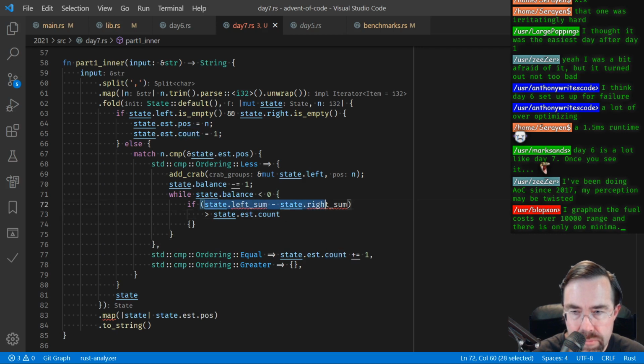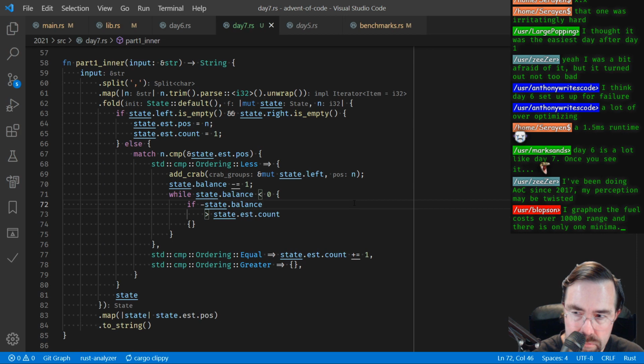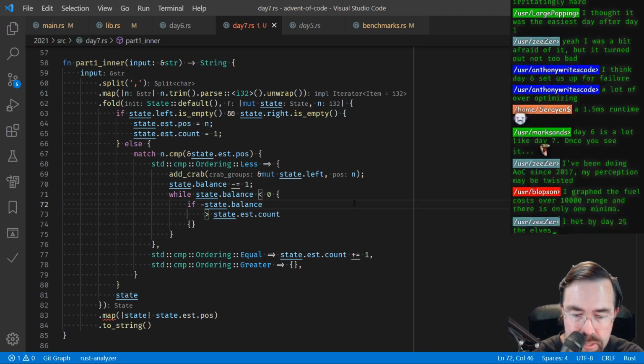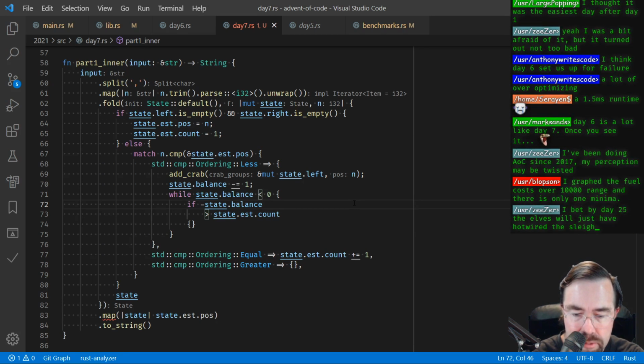So this would be balance, state.balance, negative state.balance. So if we have one crab and there's one too many on the left, then it doesn't matter, right?